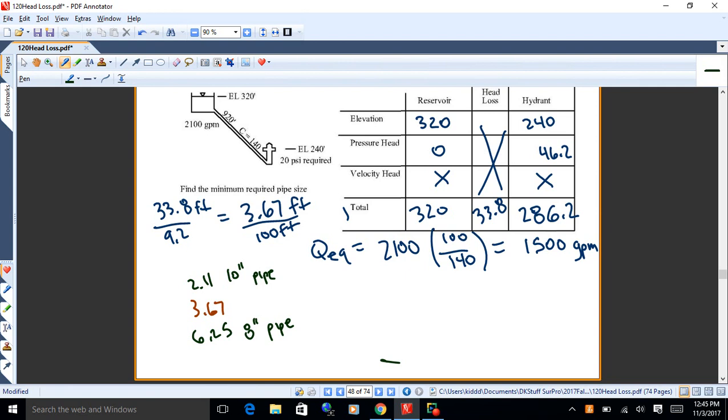So we're coming up with the equivalent flow. So I take that to 2,100. Well, you multiply it by C over 100, that's it. Oh, okay. Get it into what's called the equivalent flow.